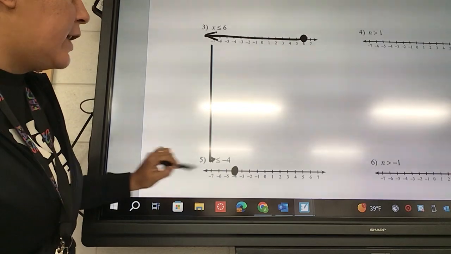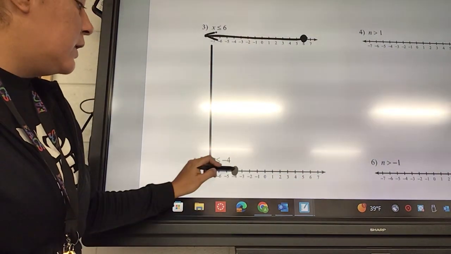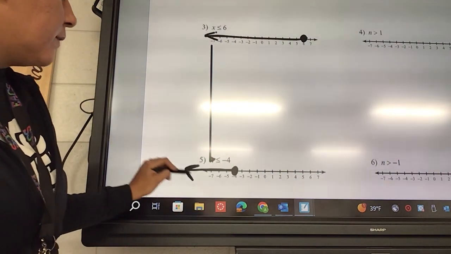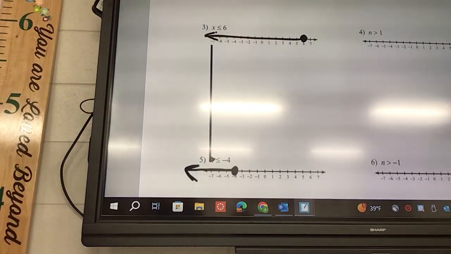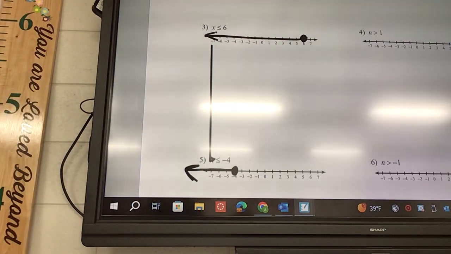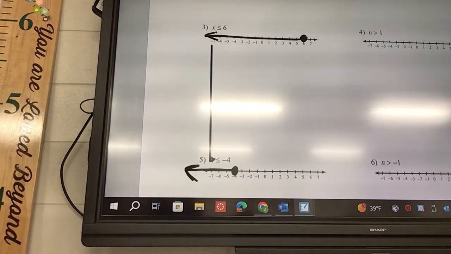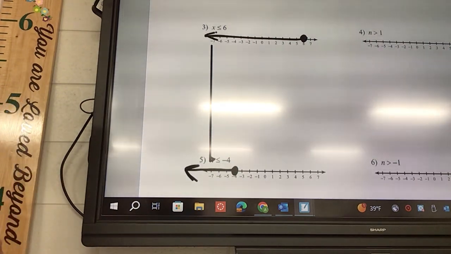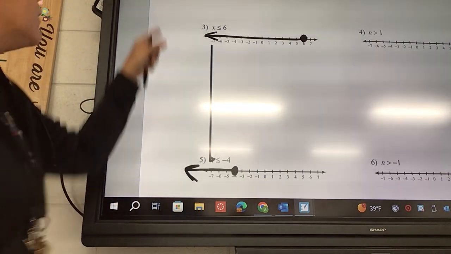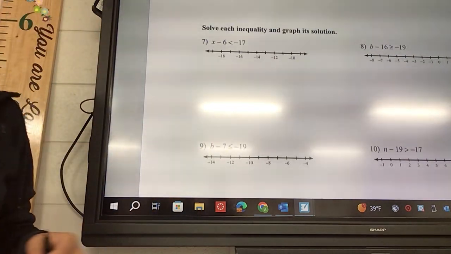So which way is smaller, negatives or positives? Negative, so it's got to go this way. Yeah. Do I need caps? No, you're fine.